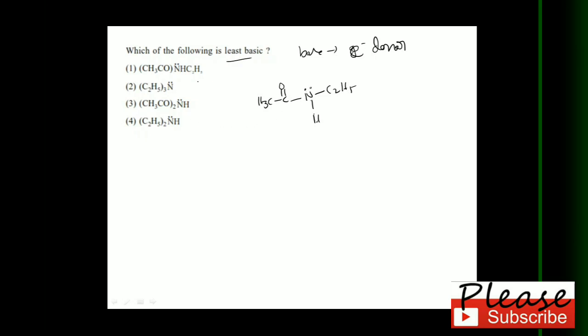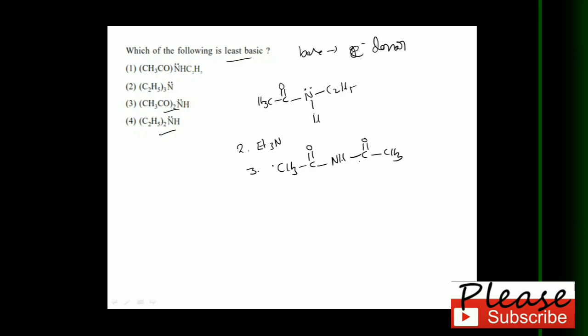And next in the second case, triethylamine, and here diethylamine. And this is also an amine. You see in the second case, 3 ethyl groups are there, triethylamine. So next here in the third case, CH3C double bond O, here NH, C double bond O, CH3.